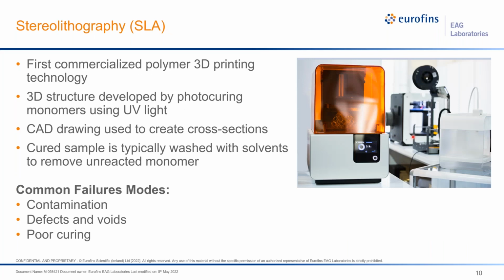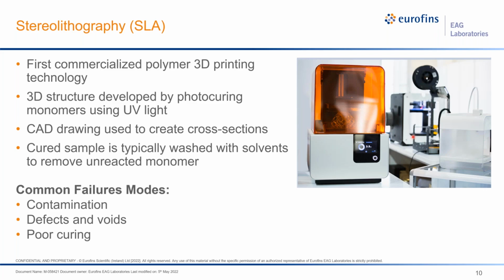And finally, this is a very popular method. It's one of the first commercialized 3D printing technologies. This is stereolithography. Here you're developing this 3D structure by photo curing a monomer using UV light. And again, CAD is used to create your sections.